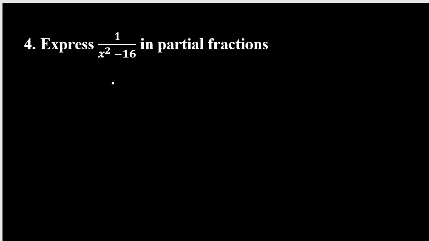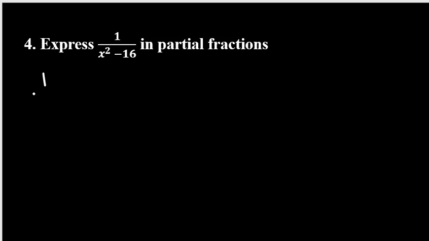Now, after getting to know that this expression is a proper fraction, ask yourself, is the denominator factorable? Yes, it is factorable. If it is factorable, then let's factorize it and see.